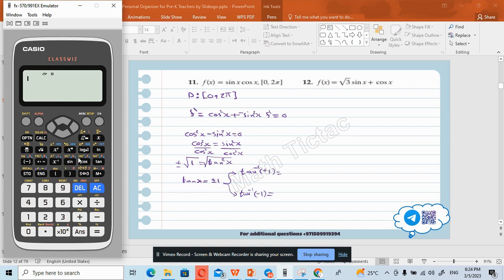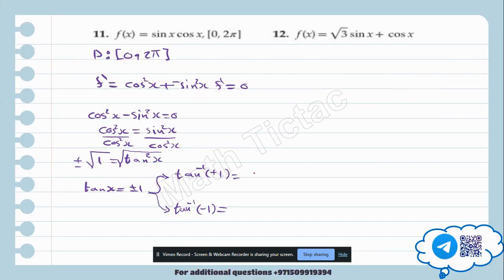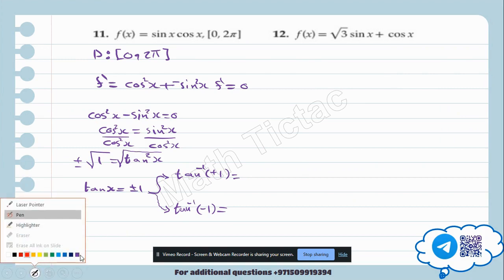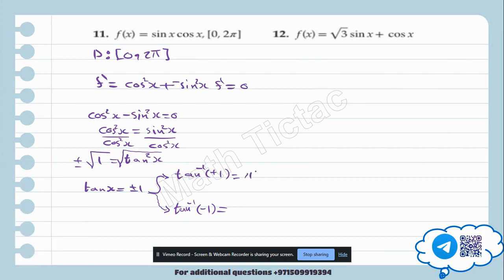So now I will write tan inverse, so shift tan, and I will write 1, then that's it, it will be pi over 4. And for the second one, let's say we have minus 1, so that's negative. So in here I have tan inverse of minus 1, which is minus pi over 4. So in this case I have pi over 4, and in this case I have minus pi over 4.